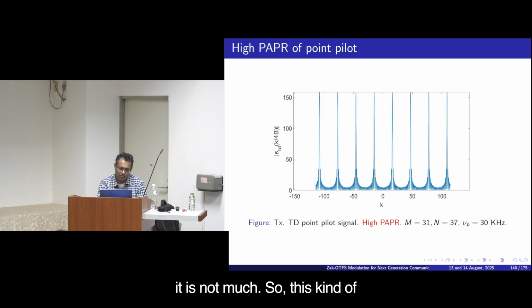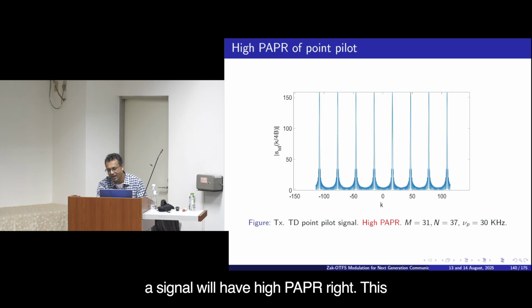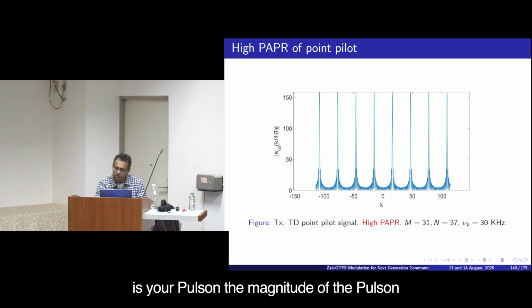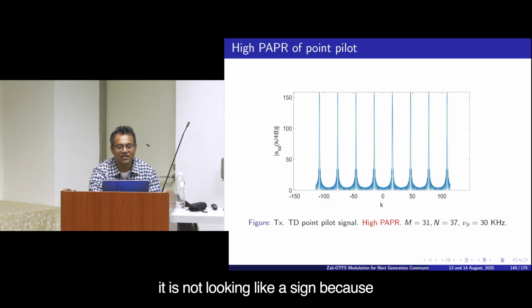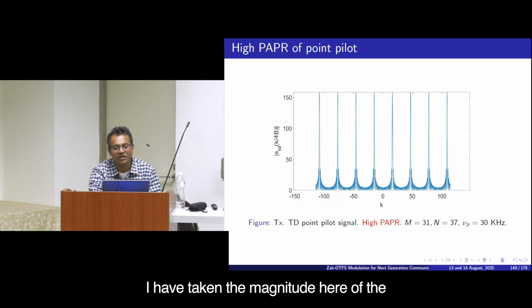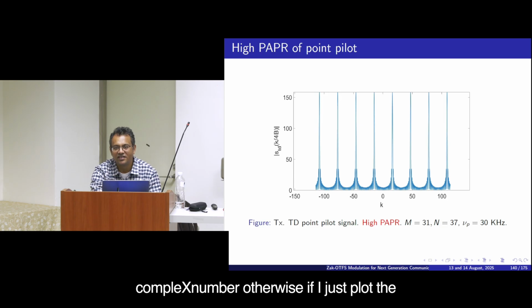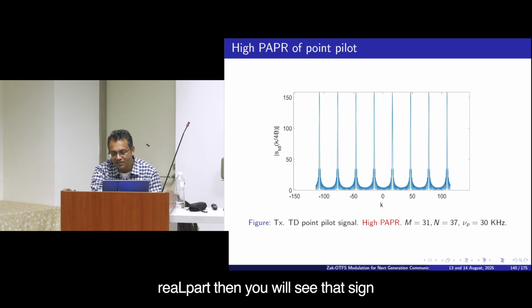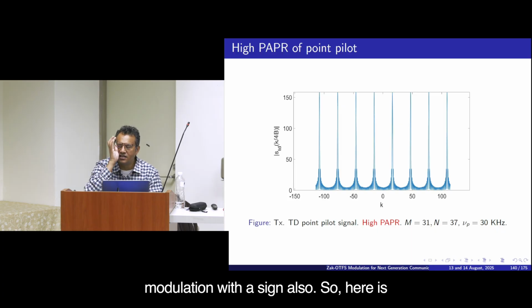In between, there is not much. So this kind of signal will have high PAPR. This is the magnitude of the pulson. It is not looking like a sine because I have taken the magnitude of the complex number. Otherwise, if I just plot the real part, you will see the sine modulation also.